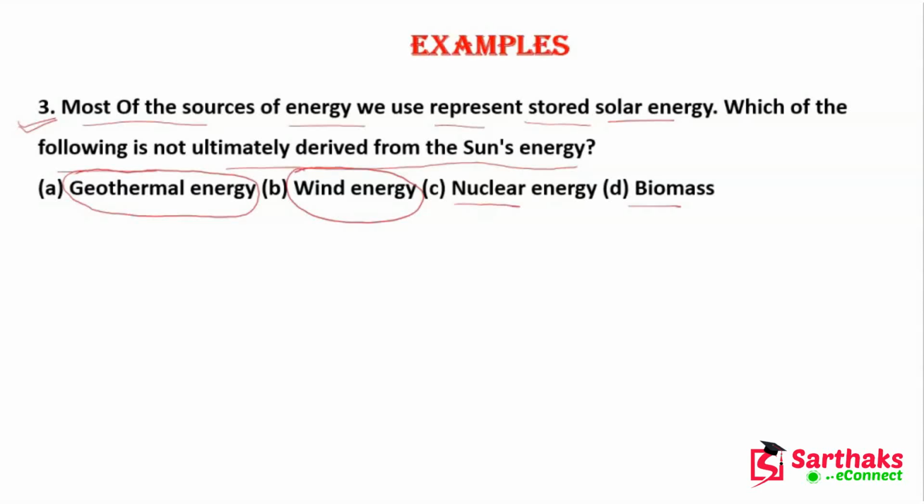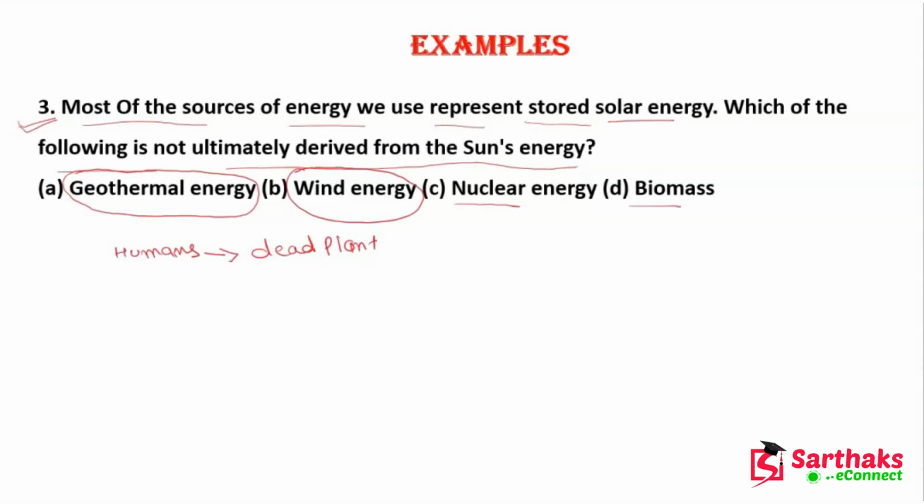If I talk about biomass, biomass is basically what we eat. Let's suppose, what is the source of energy of humans? We all know that the source of energy of humans is plants, including dead plants.